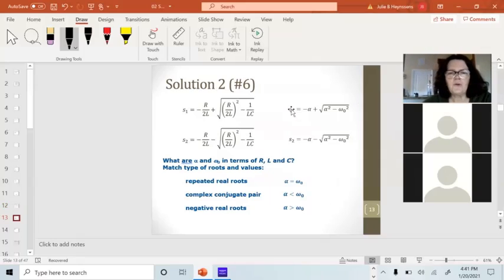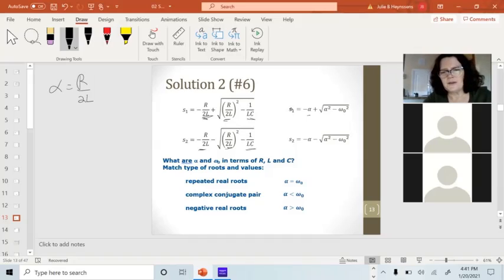Okay, so if I look at this S1 and S2, for a series circuit, they're always the same. There's always this R over 2L. It appears several times in the equation. So what I'm going to do is replace R over 2L with alpha. And 1 over LC shows up a lot.